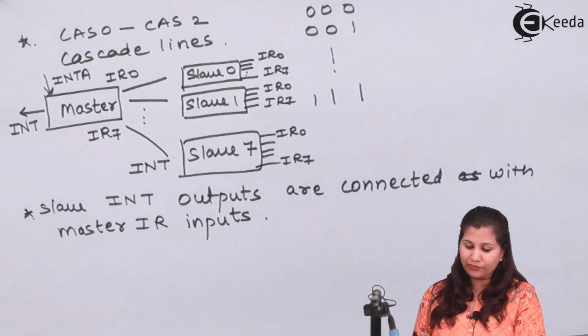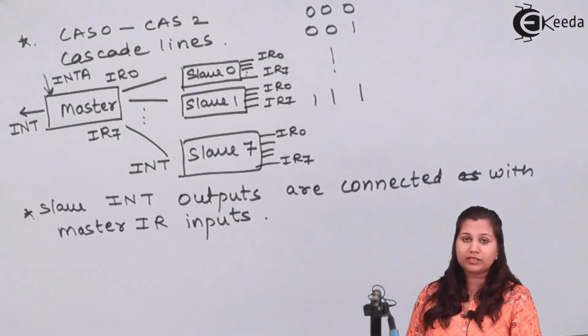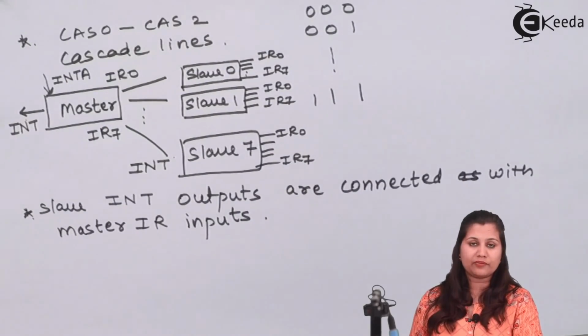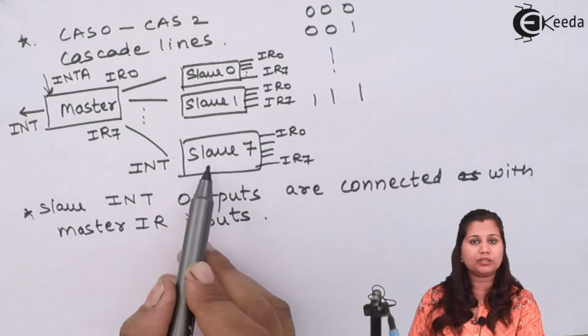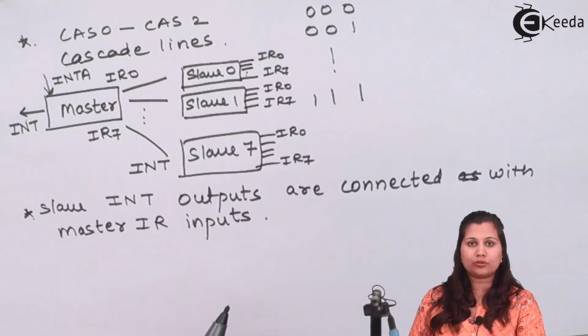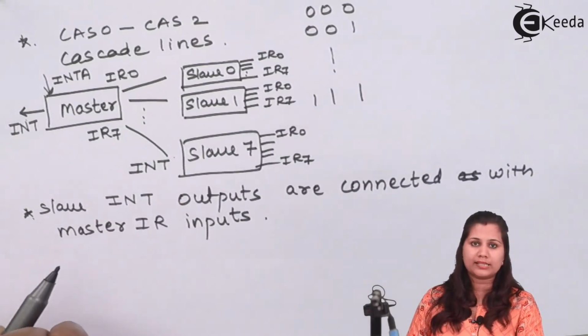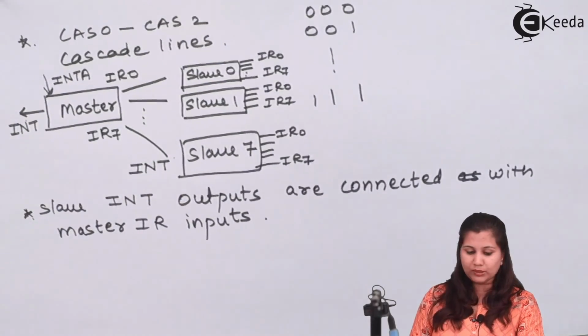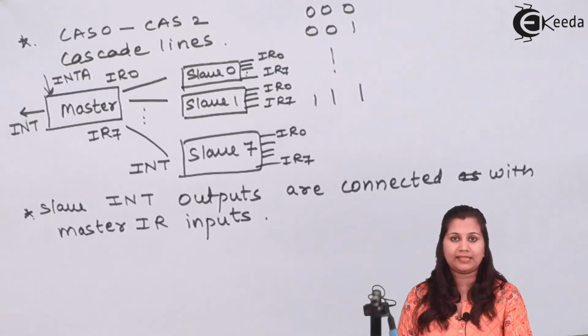Now we have the end of interrupt command also. After the execution of the interrupt service routine, the end of interrupt command is given to the master IC and also to the slave IC. So two EOI commands should be generated, one for the master and one for the slave. So this was the cascade mode of operation of the 8259 IC.